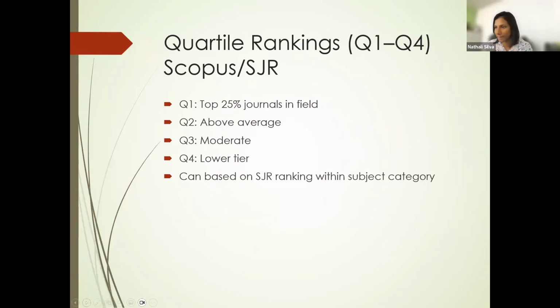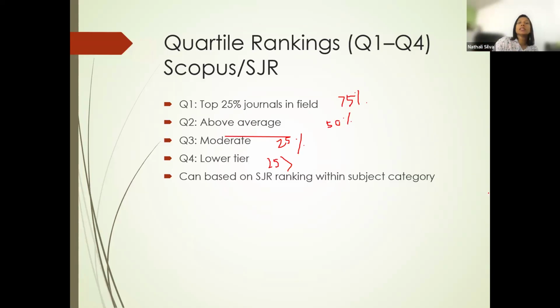So this top 25% in the field, all journals that come under above the 75th percentile, that belongs to Q1, and then from 74 to 50, that belongs to Q2, from 49 to 25, that is Q3, and less than 25, that will be Q4.